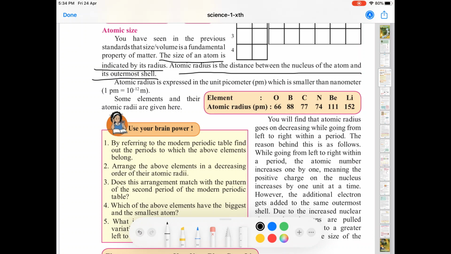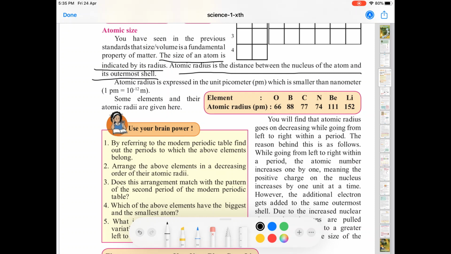So this is similar to that of a circle. Like if you take a smaller circle, it will have a smaller radius, and a bigger circle will have a bigger radius. Now that circle is the orbit of an atom in which the electrons revolve.